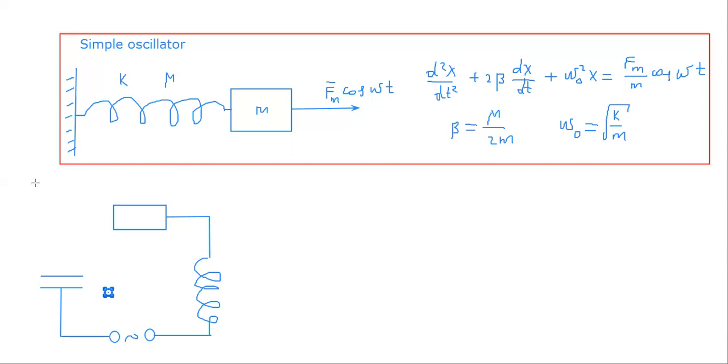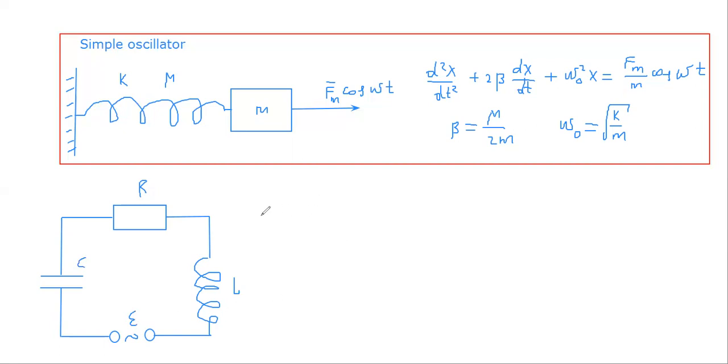Here we have capacitor, and this is connected to resistor. This is connected with resistor. Okay. So this is resistance R, inductance L, capacitance C, and electromotive force E.